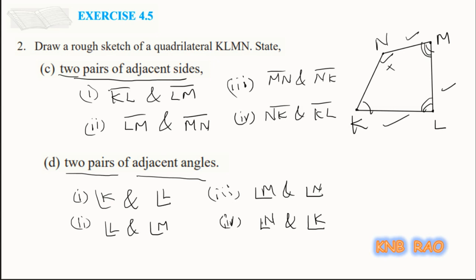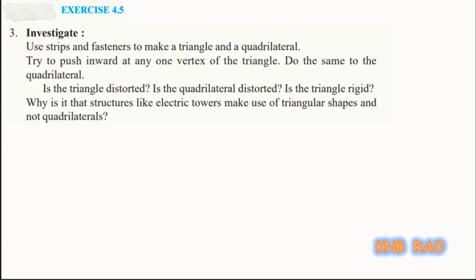Children, we have got the third question in exercise 4.5, which I am giving you as homework. The question is, investigate. Use strips and fasteners to make a triangle and a quadrilateral. Try to push inward, means inside, at any one vertex of the triangle.